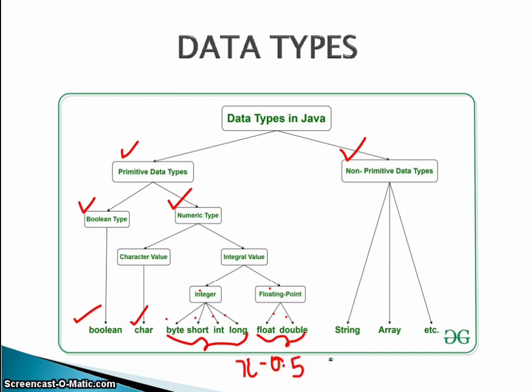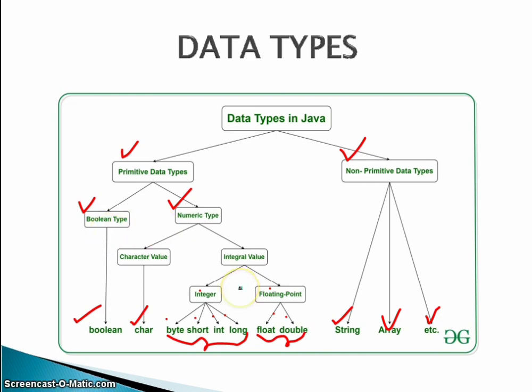We can't write it as int x equal to 0.5 because int stores only whole numbers, not decimal points. Non-primitive are user defined data types, that are strings, arrays and so on. So now you have got an idea of data types.